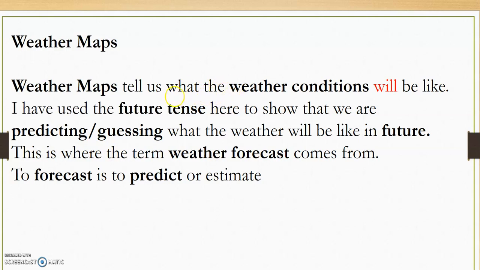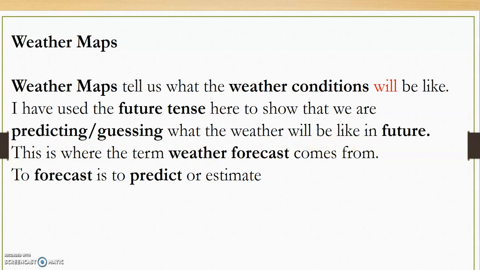So now we are bringing in our future tense from English. And we are saying that weather maps tell us what the weather condition will be like. I've used the future tense here to show that we are predicting, we are guessing, because we don't know what it's going to be like. Okay, so we are guessing what the weather will be like in future.